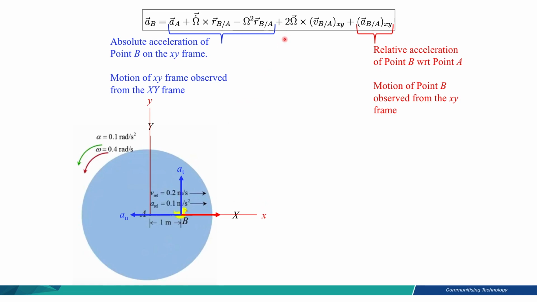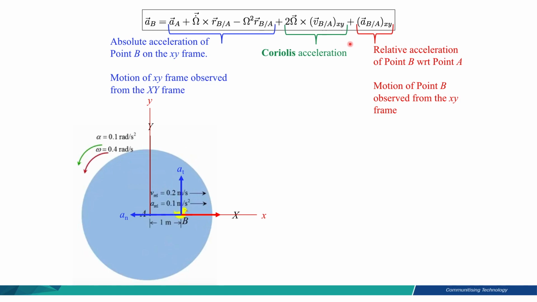Now, unlike the velocity equation just now, for the acceleration equation of the rotating axis case, we have an extra term here. This green term here represents what is called the Coriolis acceleration.